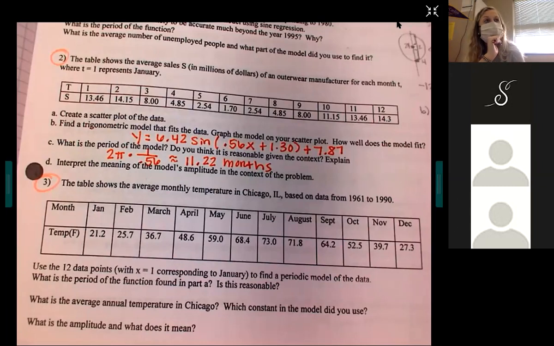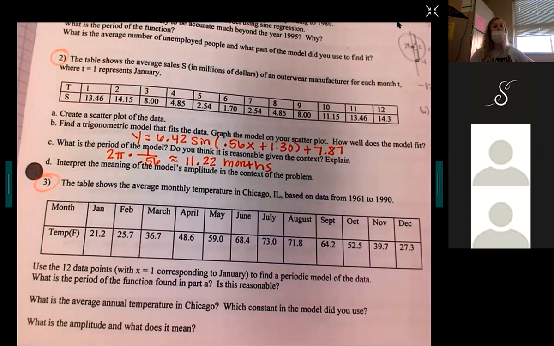Well, it's every 12 months. A year is 12 months. Keep going. So, if it's 11.22, and this is a graph of 12 months, then how, I don't know what I'm saying now. Don't think about the graph as just 12 months. Remember, this is going to repeat and keep going and keep going.